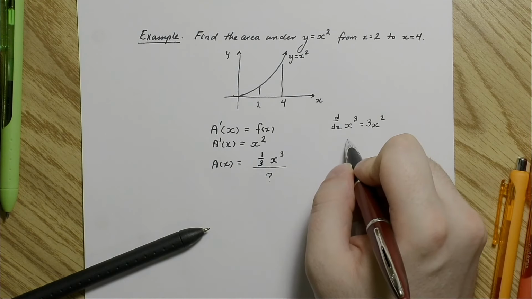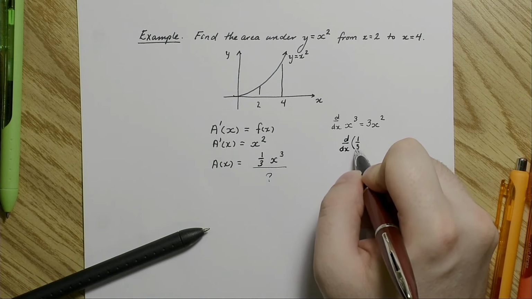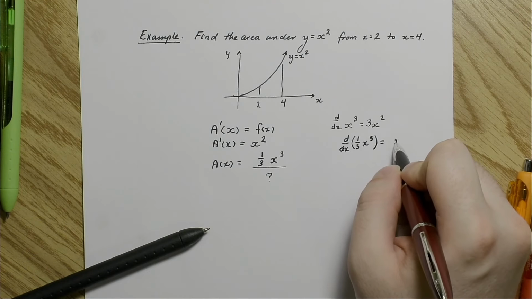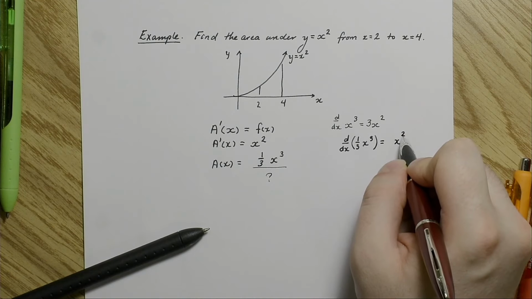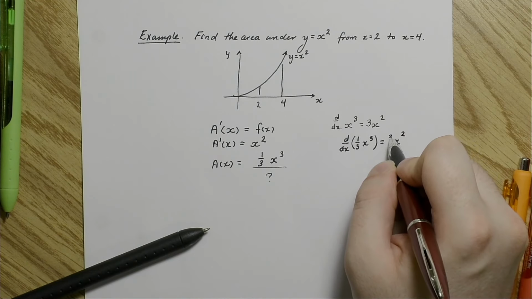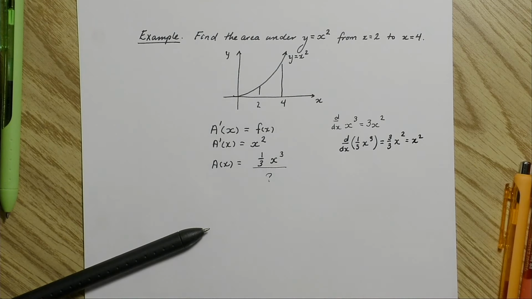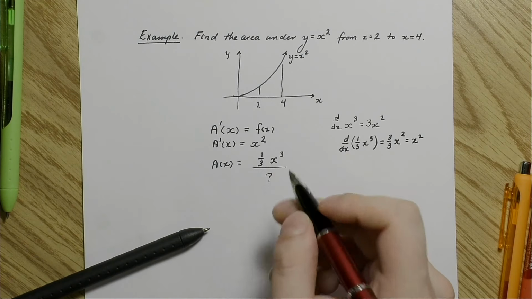So now if we take that derivative, d by dx of 1/3 x cubed, then when we bring the 3 down, this decreases by 1, so that I have 3 over 3, that equals x squared. So that's the correct one that we want. So we have to have that 1/3 x cubed.